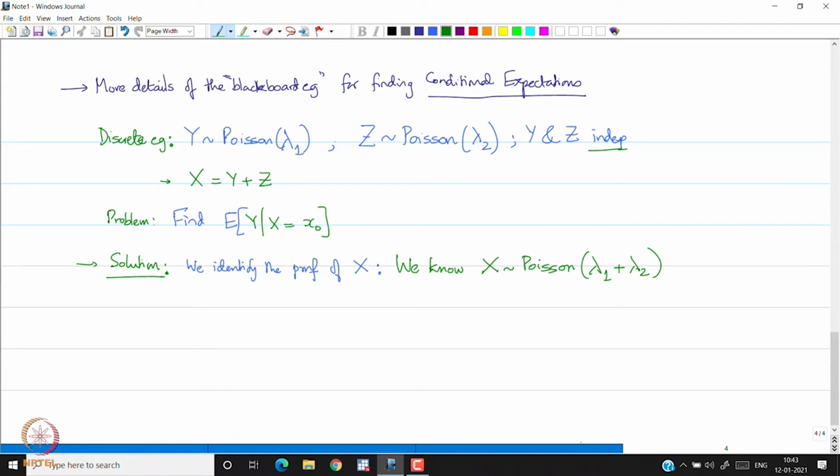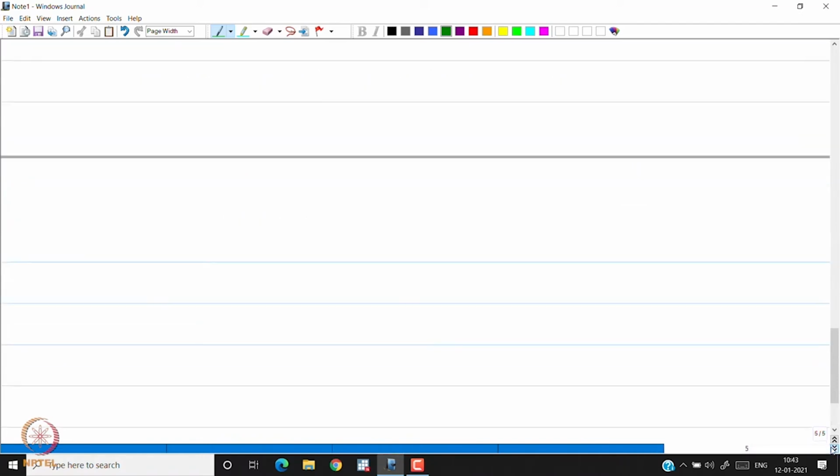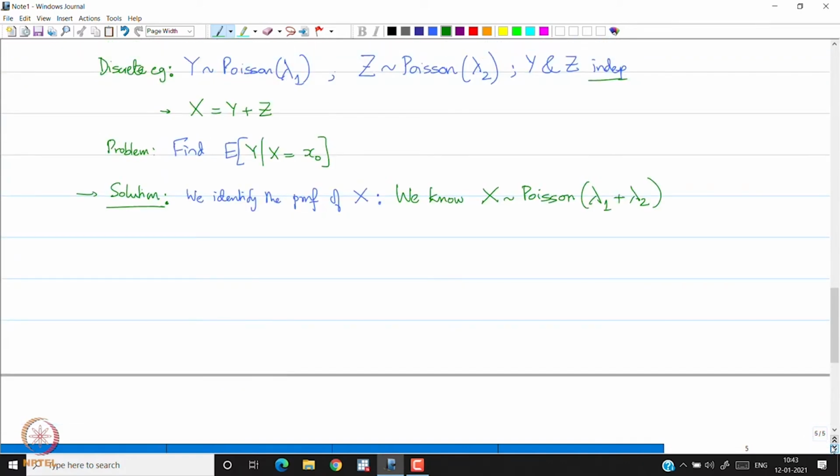So in this case X is going to be Poisson with parameter lambda 1 plus lambda 2, right, we know that.